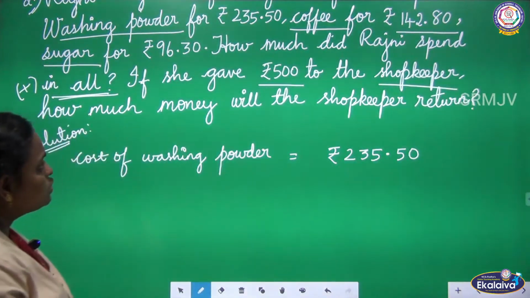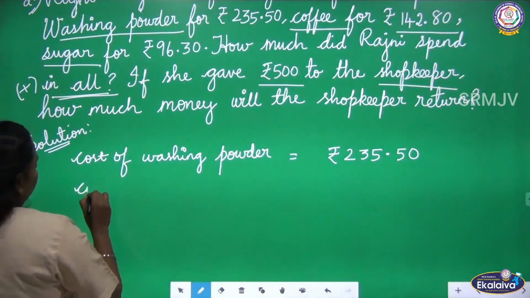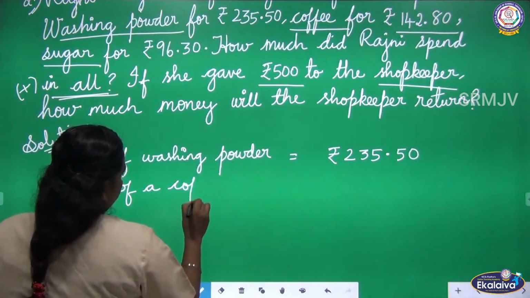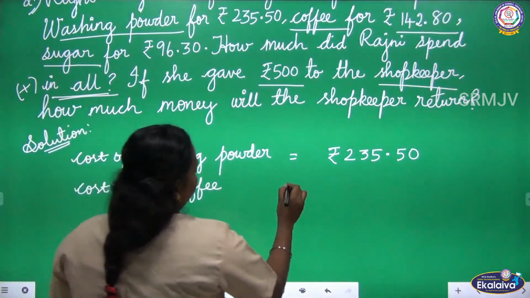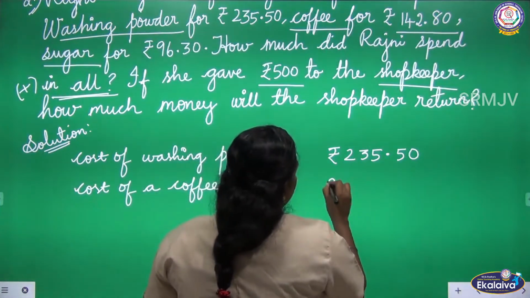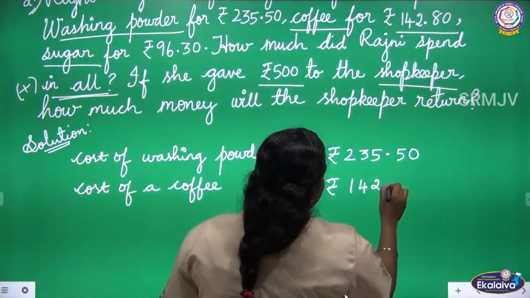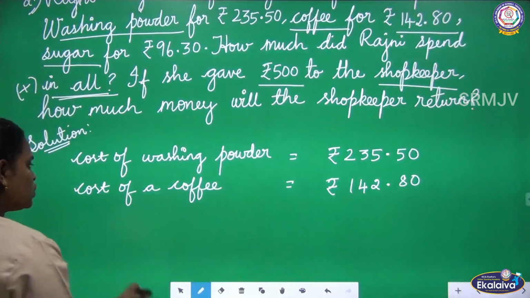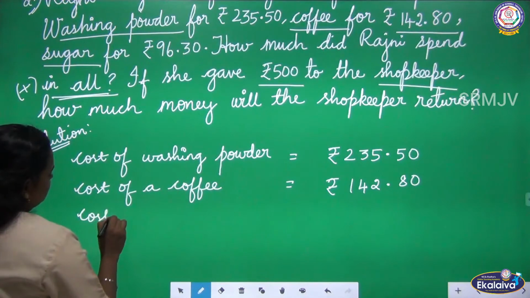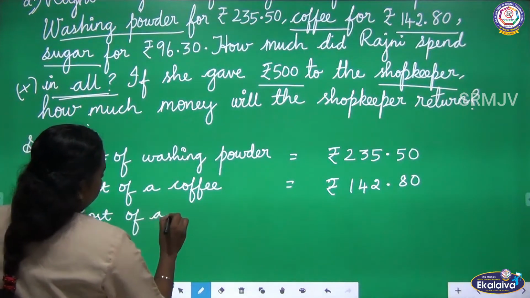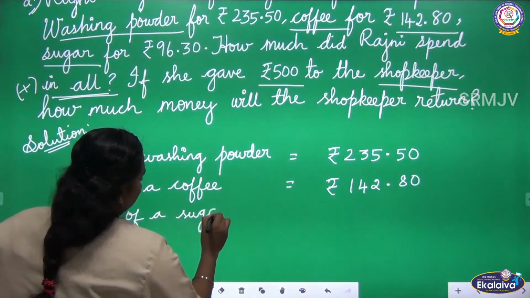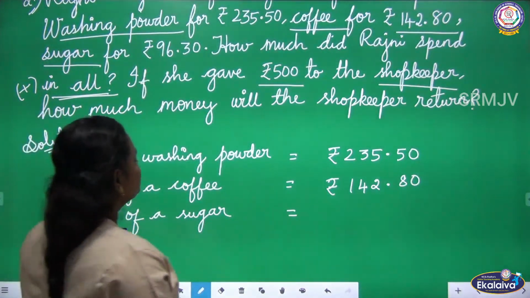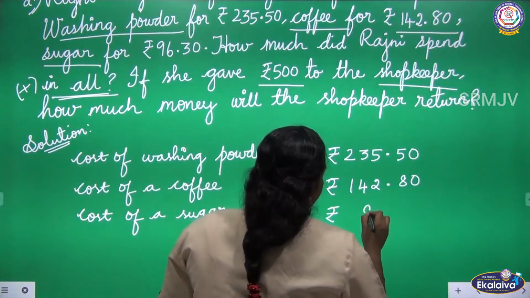Next, cost of a coffee. So what is the cost of a coffee is rupees 142 rupees 80 paise. Next, cost of a sugar. So you write cost of a sugar. So what is the cost of a sugar? Cost of a sugar is rupees 96 rupees 30 paise.